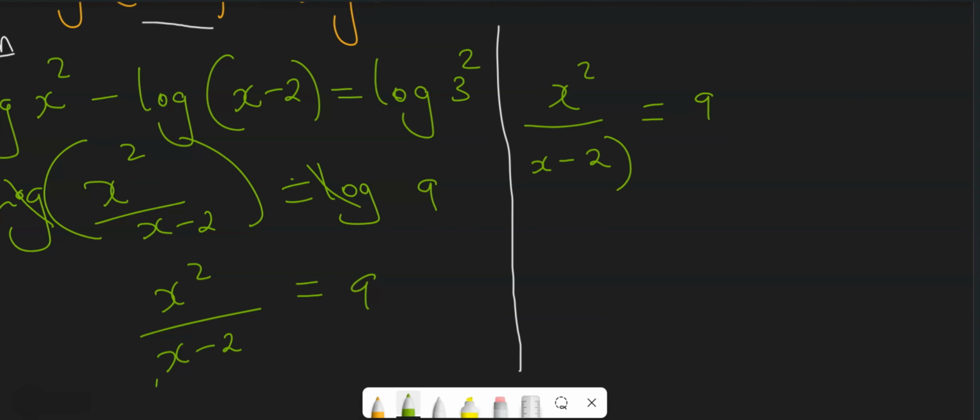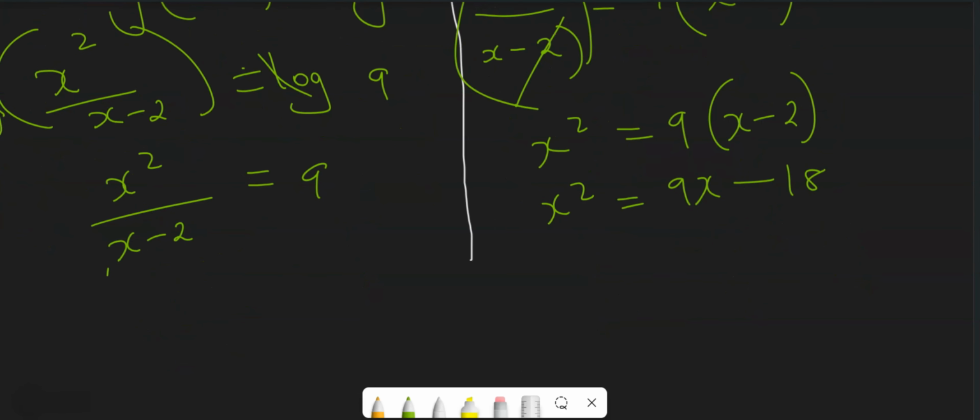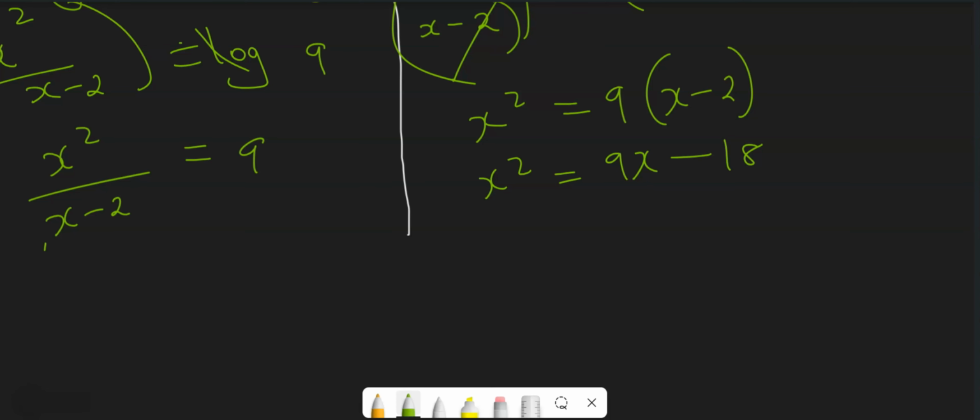We multiply both sides by x minus 2, because now this will cancel out. x squared equals 9 into x minus 2. So x squared equals 9x minus 18. We bring this to the other side to get x squared minus 9x plus 18 equals 0.